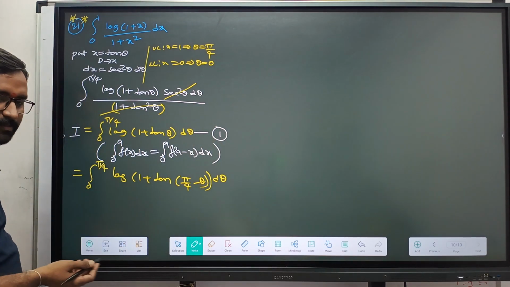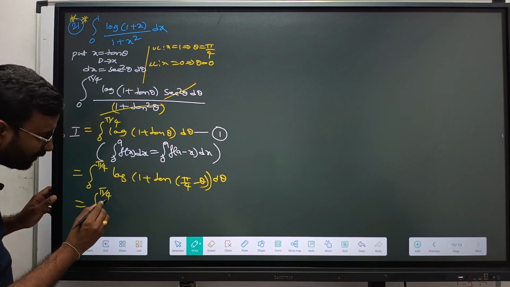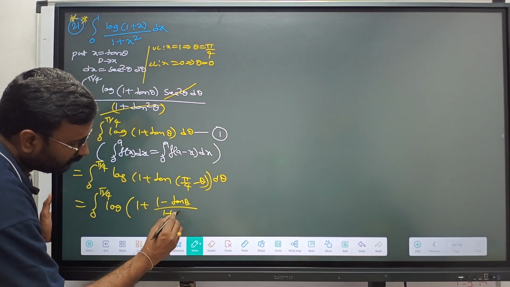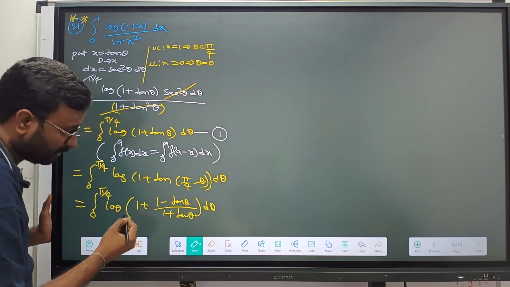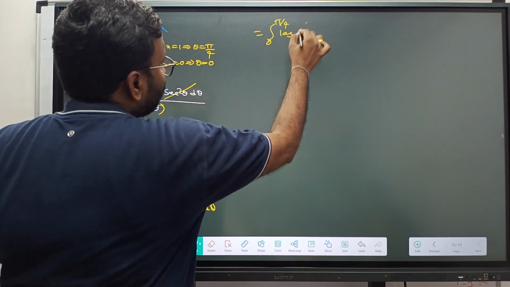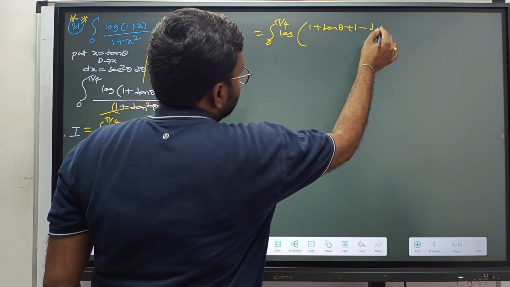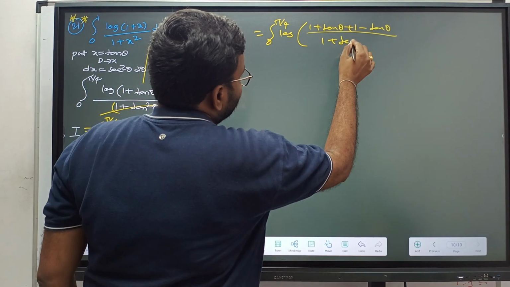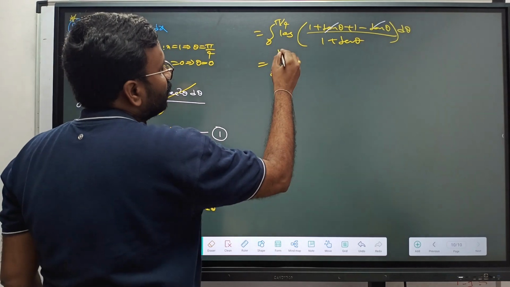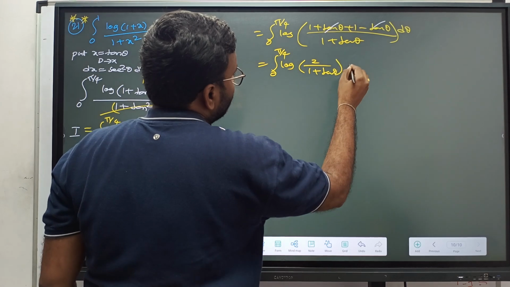Tan of a minus b formula, just now I said, gives 1 minus tan theta by 1 plus tan theta. Integral 0 to pi by 4, same process, log of 1 plus 1 minus tan theta by 1 plus tan theta d theta. Taking the LCM, the numerator will be 1 plus tan theta plus 1 minus tan theta over 1 plus tan theta, so integral 0 to pi by 4 log of 2 by 1 plus tan theta d theta.